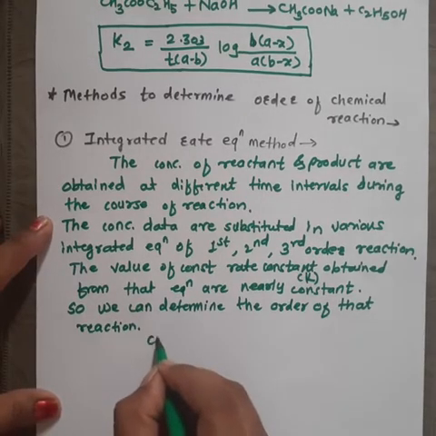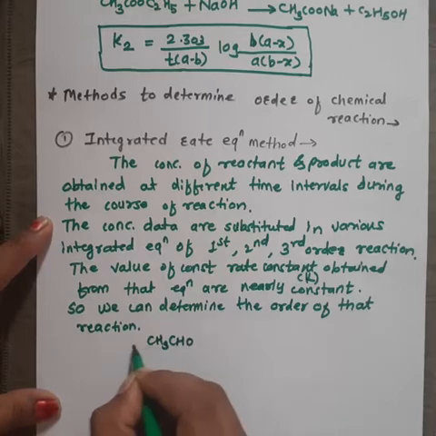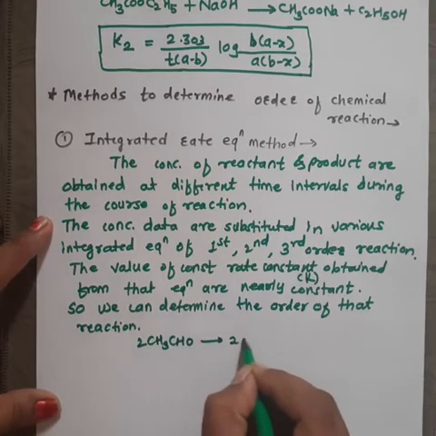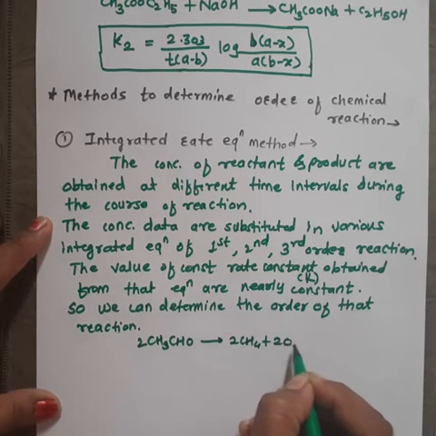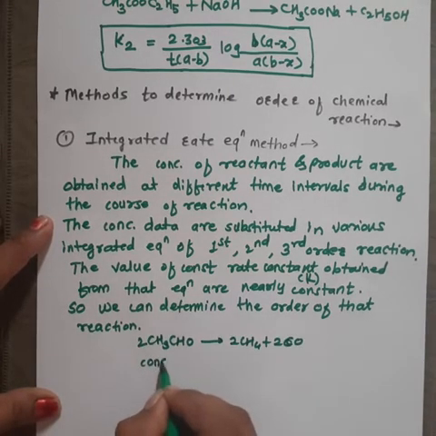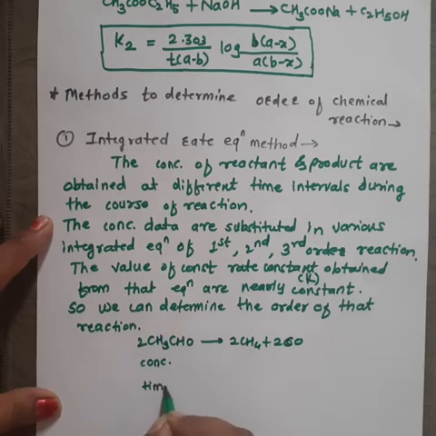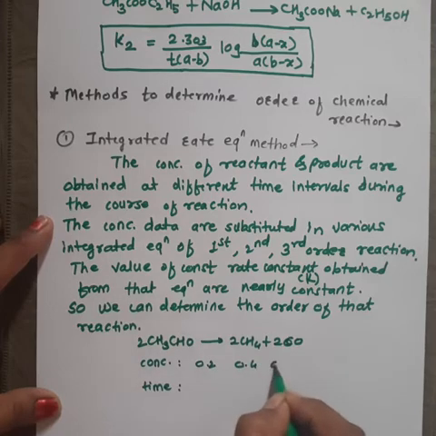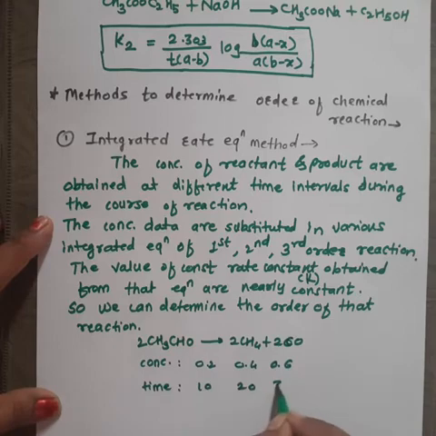So how can we obtain the order of that reaction? Consider a reaction: 2 CH3CHO gives 2 CH4 plus 2 CO. In this reaction, the concentration and time are given at different points, with concentrations such as 0.2, 0.4, 0.6 at times 10, 20 and 30.